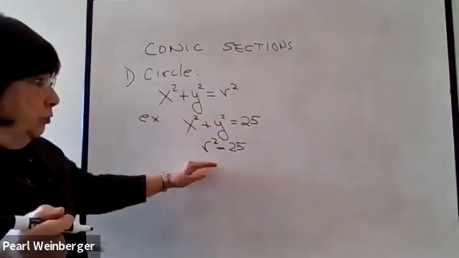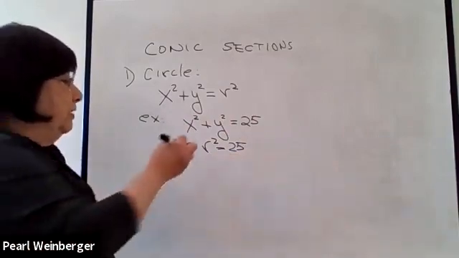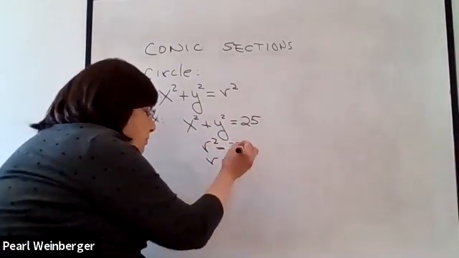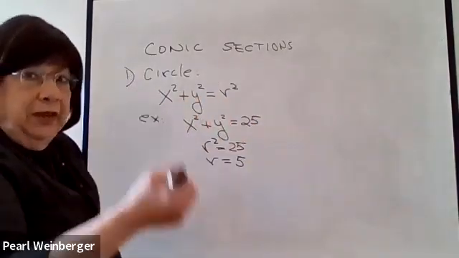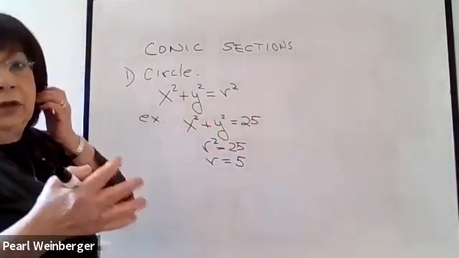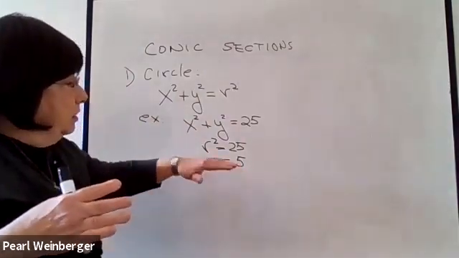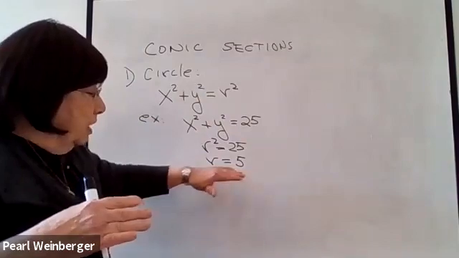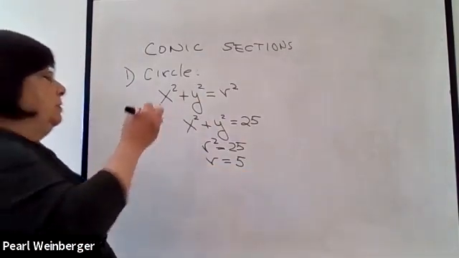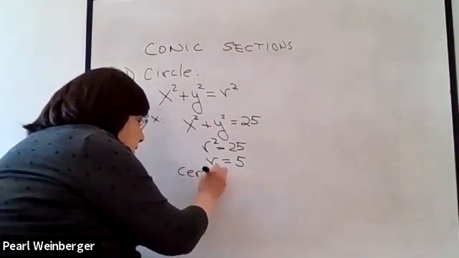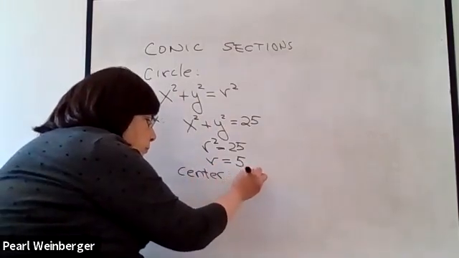So obviously, if the radius squared is 25, your radius has to be 5. And I'm not saying plus or minus 5, because we're talking about how long the line is. It can't be negative. The radius of the circle is 5, and the center of this circle is the origin.